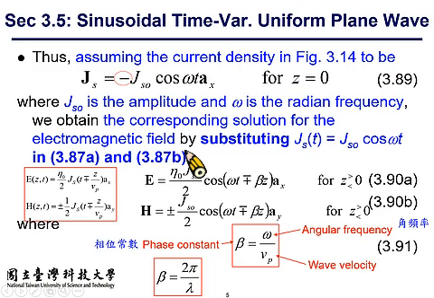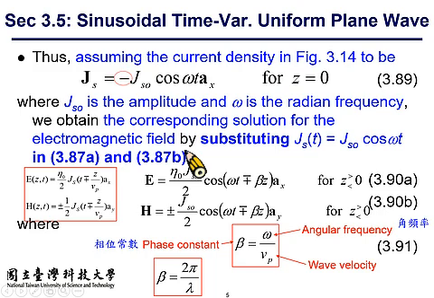Beta is defined as the wave number. 贝塔其实有好多名字。I just mentioned wave number is one of the names, but in our textbook it is called the phase constant. So beta is specified as the phase constant, and it's related to the angular frequency and the velocity.